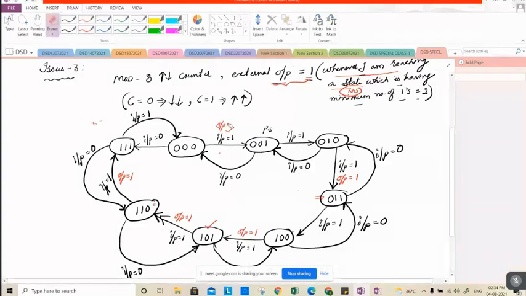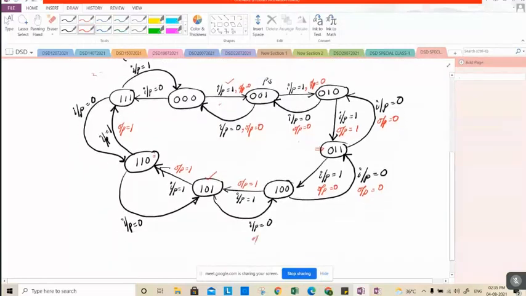0. In this case, output is equal to 0, and here also output is equal to 0, and here output is equal to 0, and here output is equal to 0. In this case, output is 0, output is 0 here, output is equal to 0. Now here output is 0, output is equal to 1.